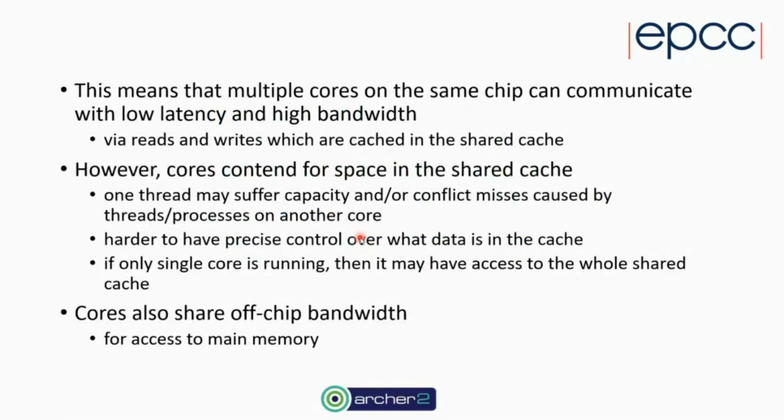The nice thing about this is that because we have so many processing units on the same processor, 64 on ARCHER2 per processor, we actually have a way of communicating between them at a high bandwidth, low latency through its shared cache.